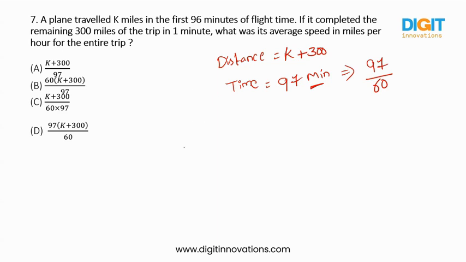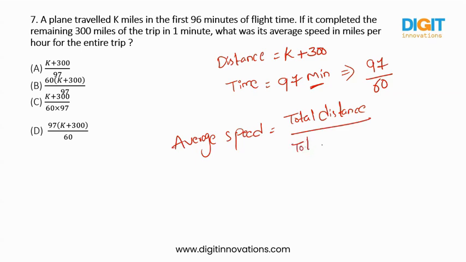They're asking for the average speed. We have the average speed formula, which is total distance by total time taken. Total distance is k plus 300 and total time is 97 by 60.